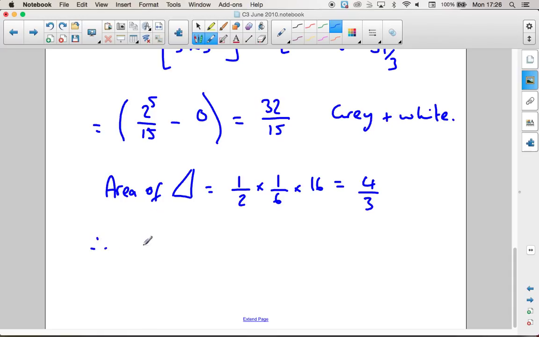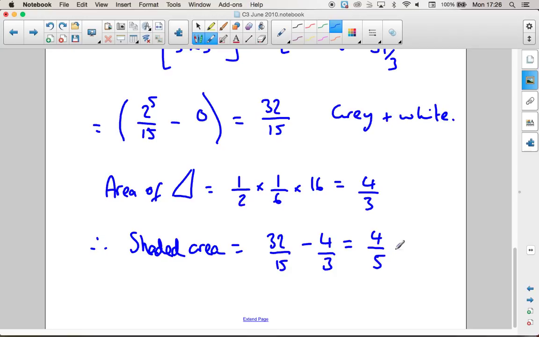And therefore, the shaded section that we need is going to be 32/15 take away 4/3, which comes out at 4/5 or 0.8.